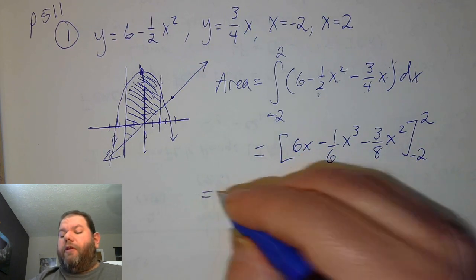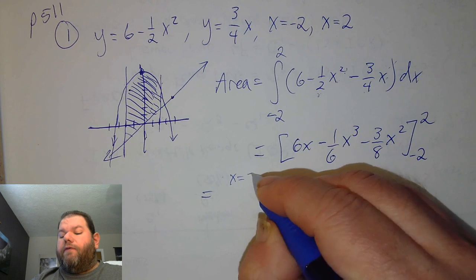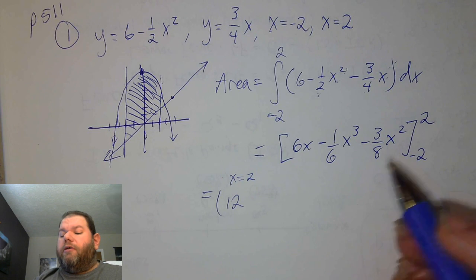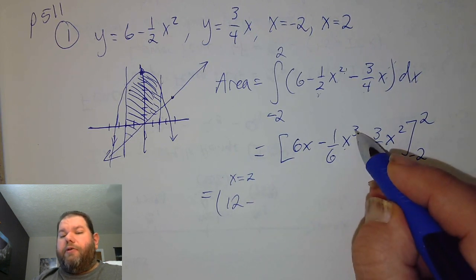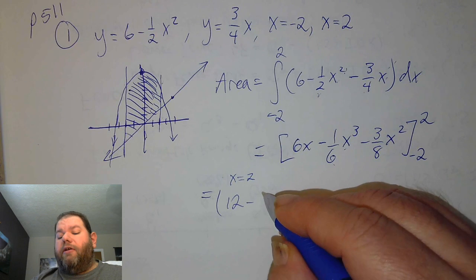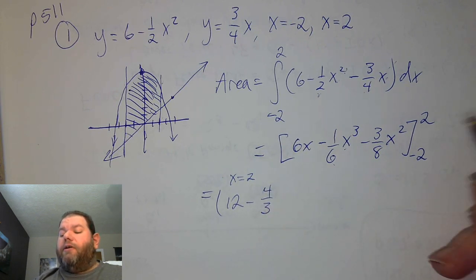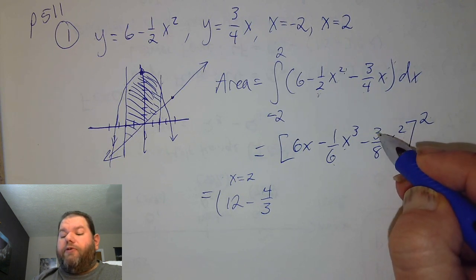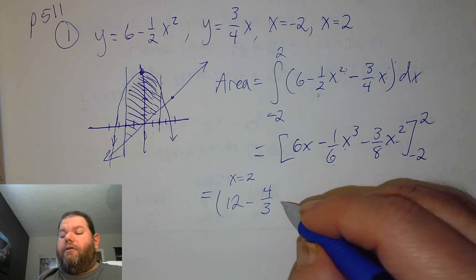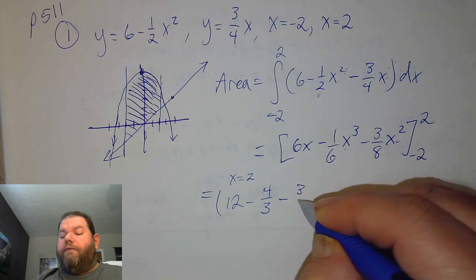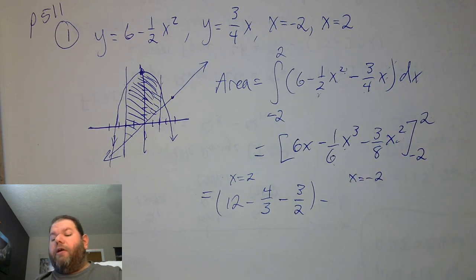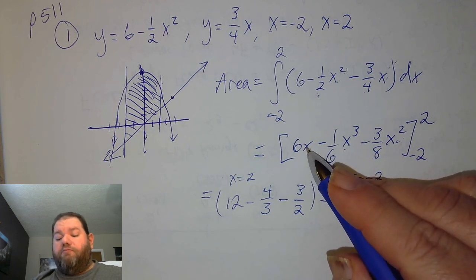So if we plug in x equals 2 first, then that's 12 minus, and then 2 to the third is 8 over 6. That reduces to 4/3. And then 2 squared is 4 times 3 is 12, 12 over 8 reduces to 3/2. Okay. x equals -2. We're going to get -12.